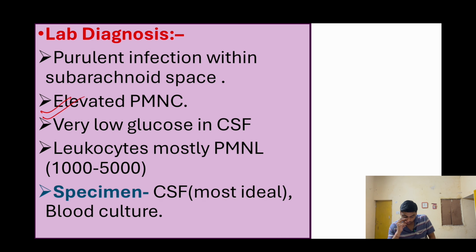For the lab diagnosis, we first have to collect the specimen. We have two types of specimen: first one is CSF and the other is blood culture. CSF is the most ideal and the most precious specimen.